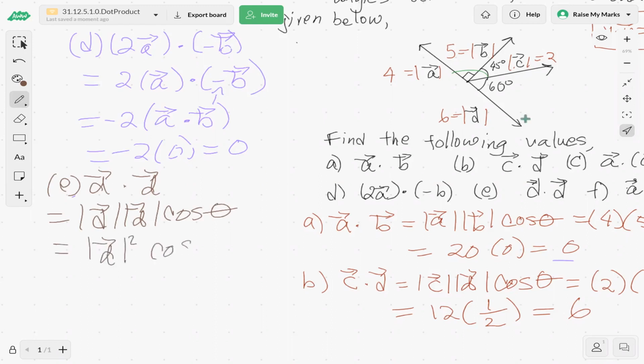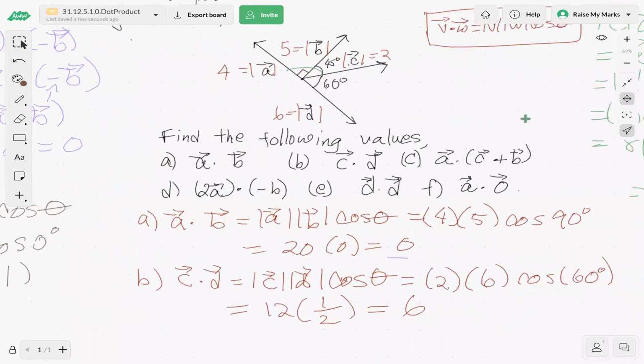Cosine of 0 degrees is just 1. So the magnitude of D squared, 6 squared, means the dot product of D with itself is just 36. In general, the dot product of any vector with itself is just the square of its magnitude.